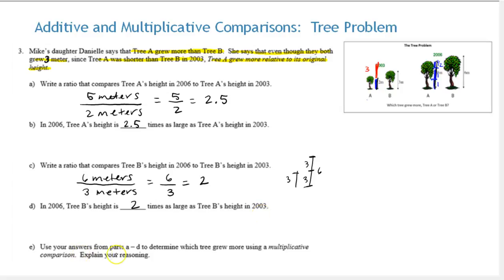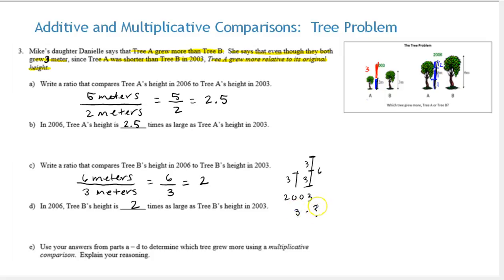So use your answers from parts A to D to determine which tree grew more using a multiplicative comparison. Since we divided here, that's why we found a multiplicative comparison. And remember, the multiplicative part comes into play: we divided 6 meters by 3 meters, but we could say, in 2003 it was 3.